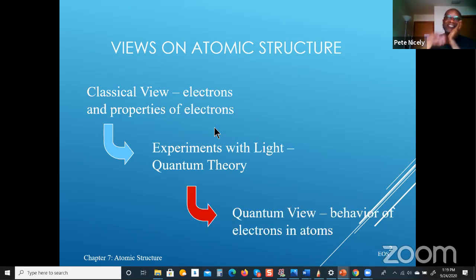Now the classical view, just to give you a brief description, way back when, I don't remember exactly the dates. I'm not good at remembering dates of events, which is the reason why I'm not a history major. But back then, it was thought that small particles like electrons behave pretty much in the same way as larger particles that we are accustomed to, right?